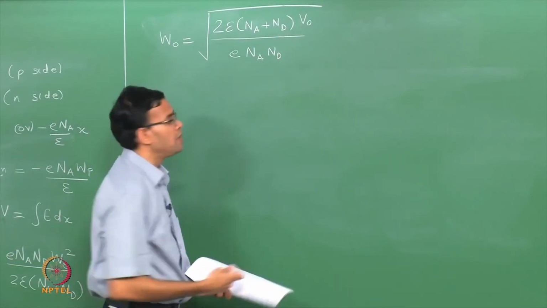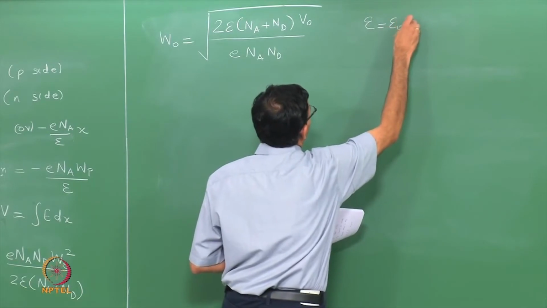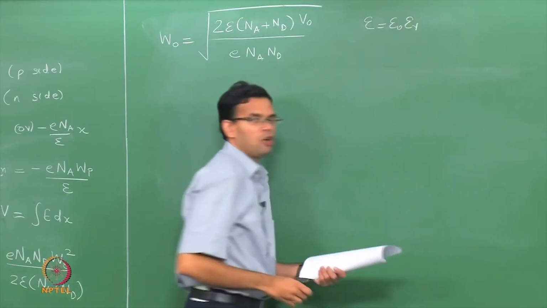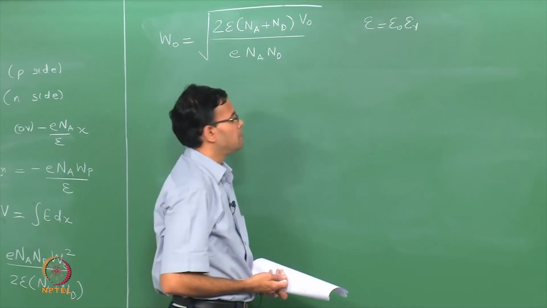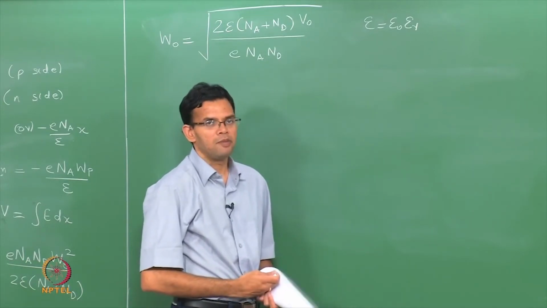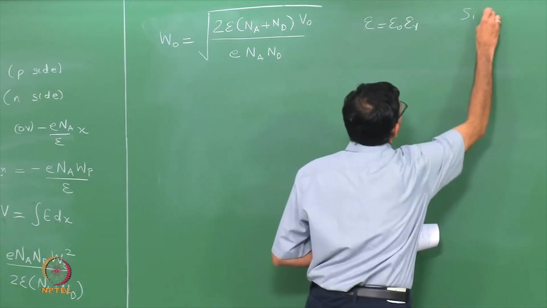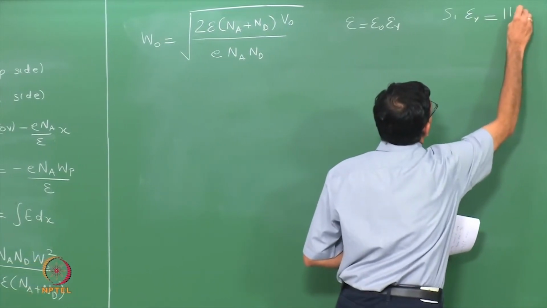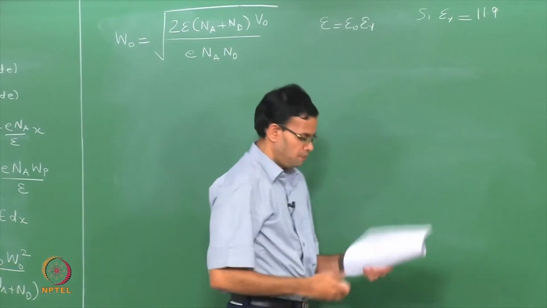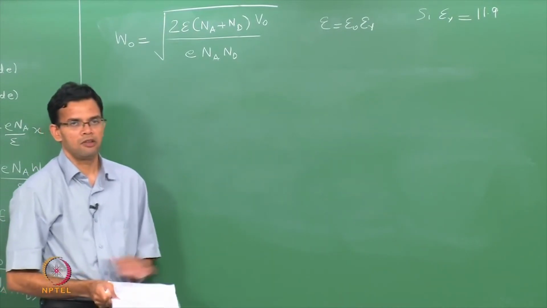Epsilon, which is the permittivity of the material, is epsilon naught epsilon R, where epsilon naught is the permittivity of free space, and epsilon R is the relative permittivity of the material. In the case of silicon, epsilon R, we saw this earlier, has a value of 11.9. So, we have an expression for the contact potential.